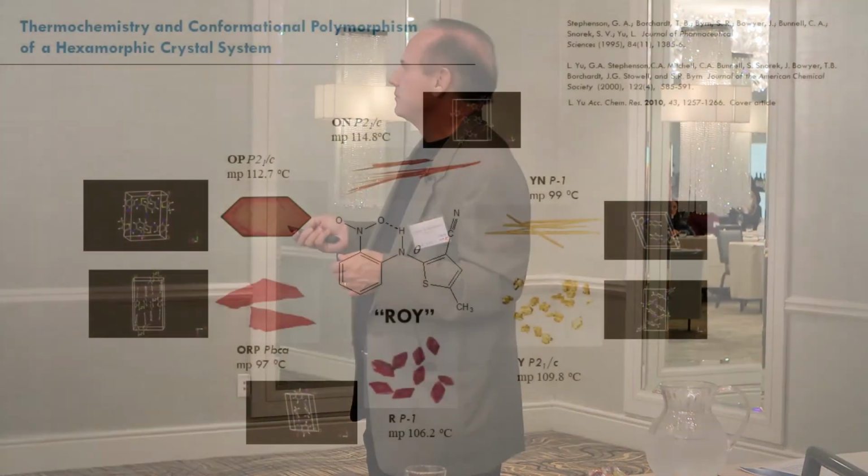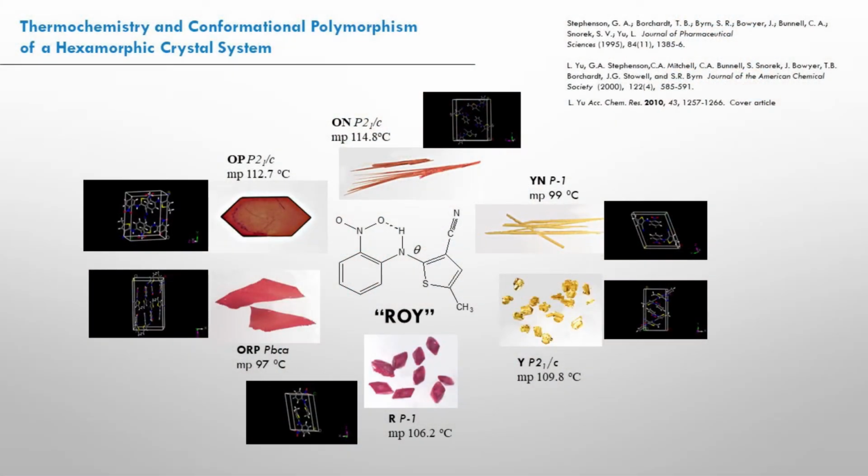They didn't understand. And it was classic polymorphism: they dissolved it, ran the solution by NMR, and it was the same material each time. So a true polymorph. And it's a good example because visually, this is one of those few cases where you can't overlook the fact that this is a polymorphic material. It will form plates.